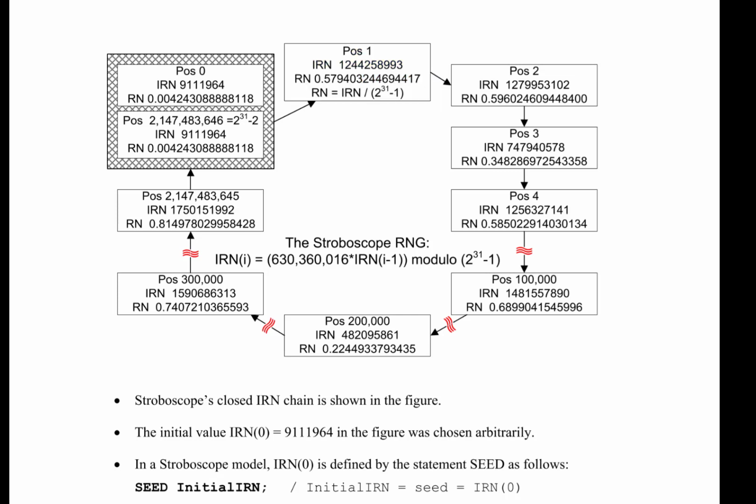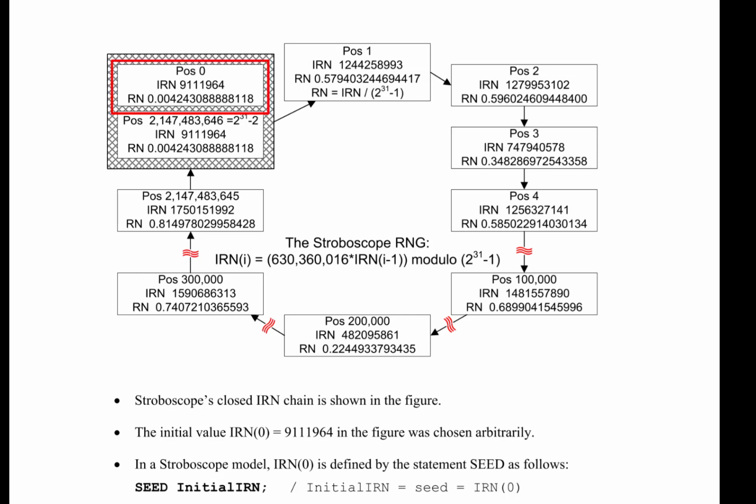The important thing to appreciate in this figure is that if one starts at any position in the chain of integer random numbers, then the sequence of integer random numbers that follows is fixed. It does not change. And eventually, this sequence will be repeated if one continues long enough and exceeds 2 to the 31 minus 2 integer random numbers.